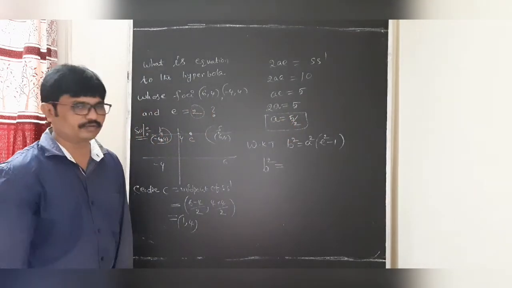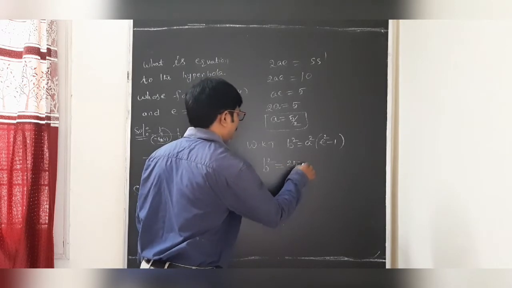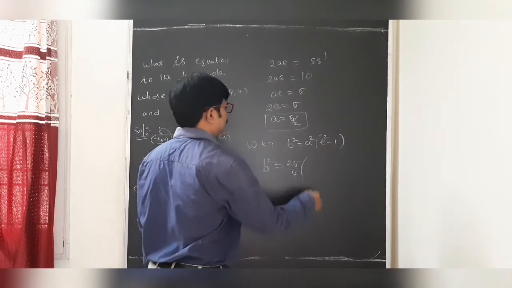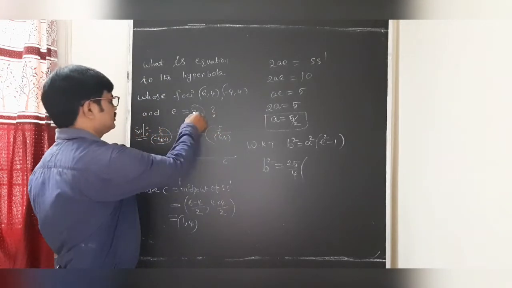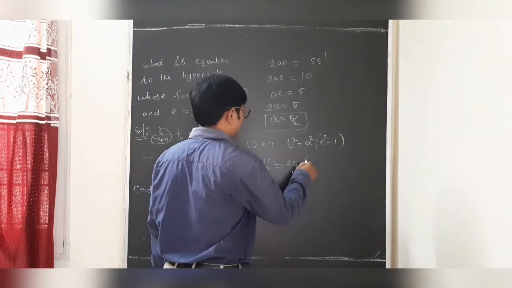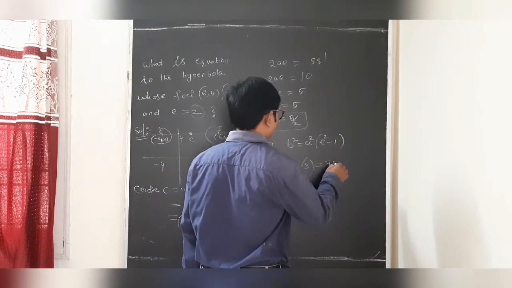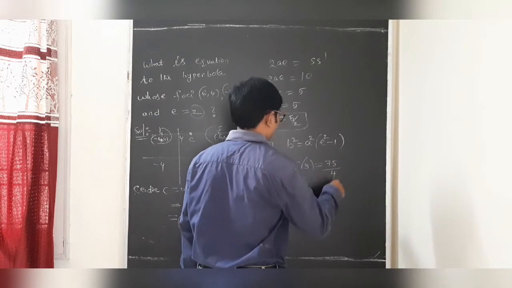My dear students, B square is A square into (E square minus 1). We can write this as 25 by 4. E square we have to know is 4, so 4 minus 1 is 3. Now this is 75 by 4.